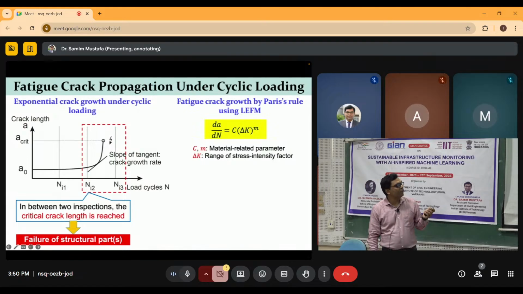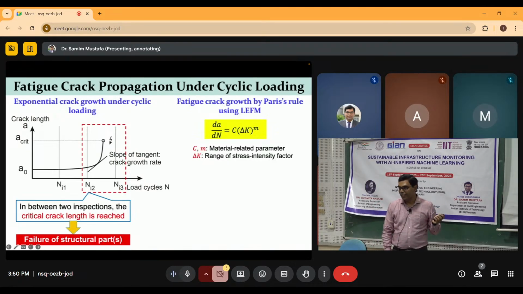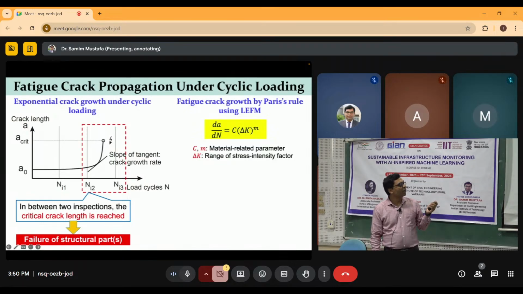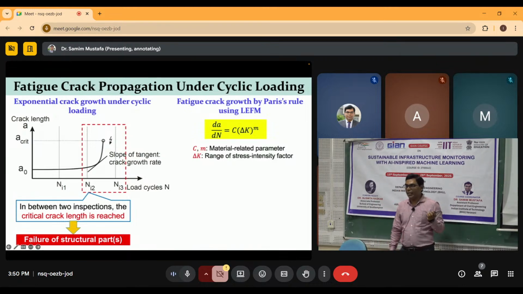So this type of equation could be used, which is known as Paris rule, using linear elastic fracture mechanics, LEFM, okay. So dA by dN equals C delta K to the power M, where A is the fatigue crack length and N is the number of stress cycles. Here C and M are material constants, means they are to be determined by testing for that type of material, okay.